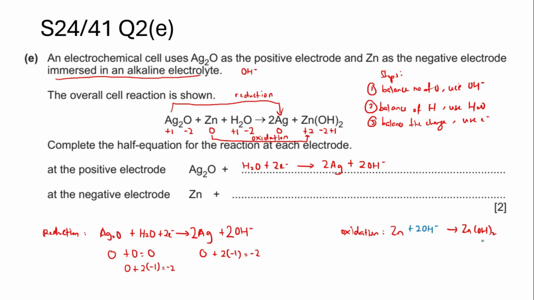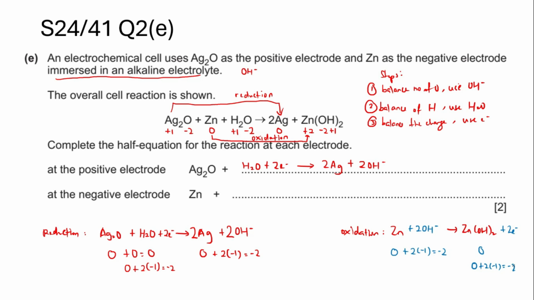We can go to step 3, which is to balance the charge. Left hand side, 0 from zinc. 2 multiplied by -1 from each hydroxide, so overall -2. Right hand side, we have only 1 zinc hydroxide compound, 0 charge. So we will add electrons to the right hand side to make this 0 more negative.